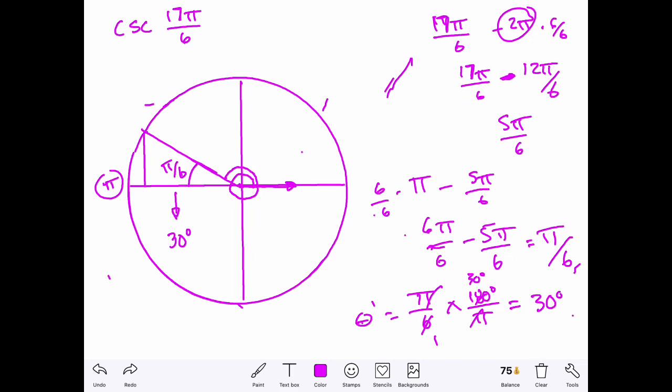Okay. All right, so I remember for a 30 that this would be my short side here, and this would be my long side here. And my long side is root 3 over 2. And my short side is always 1/2. Okay, but then I have to think, well, I'm not in quadrant 1, I'm in quadrant 2.